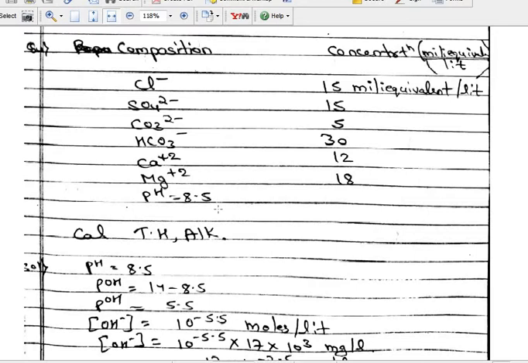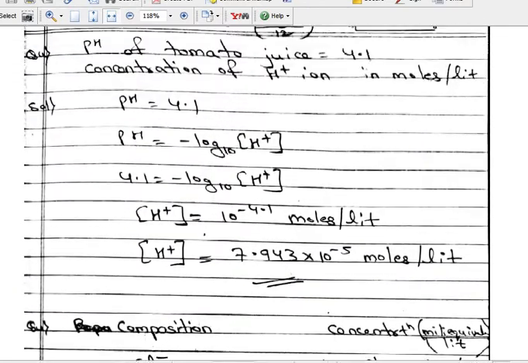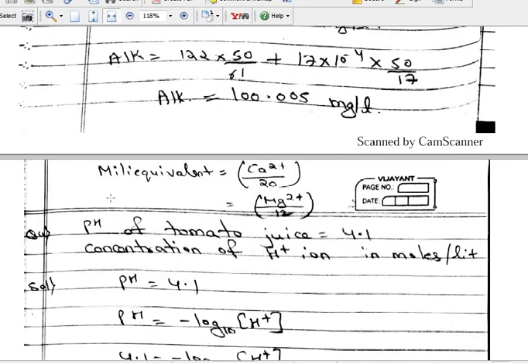Now when you use milliequivalent concentration, a slight modification will come to the formula. Whatever the calcium ion concentration in mg per liter, if you divide it by 20, that becomes milliequivalent. Suppose the mg per liter concentration is given, you divide it by 20, which is the equivalent weight of calcium.